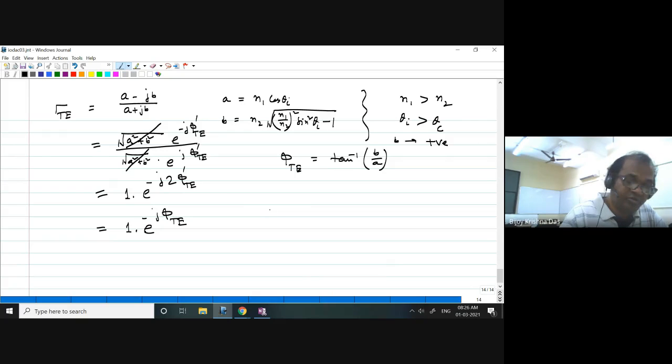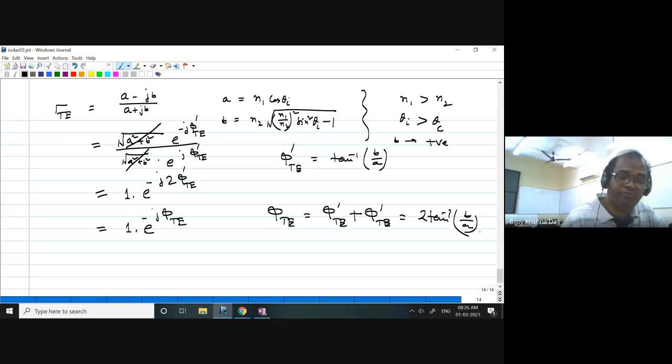So here phi TE equal to phi TE prime plus phi TE prime, so equal to 2 times tan inverse B by A. So phi TE we have defined, and the B value and A value are these, right? This one we should keep in mind.